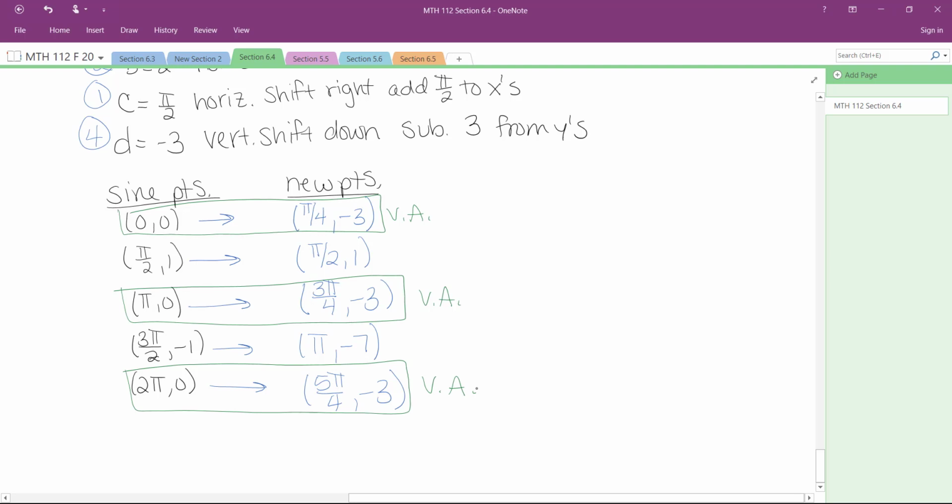So now I'm going to go to Knewton and look at graphing these. I'm going to be using my vertical asymptotes of pi over 4 and 3 pi over 4, and I'm also going to reference the pi over 2, 1 point as my guiding points for the orange, the black, and the blue.